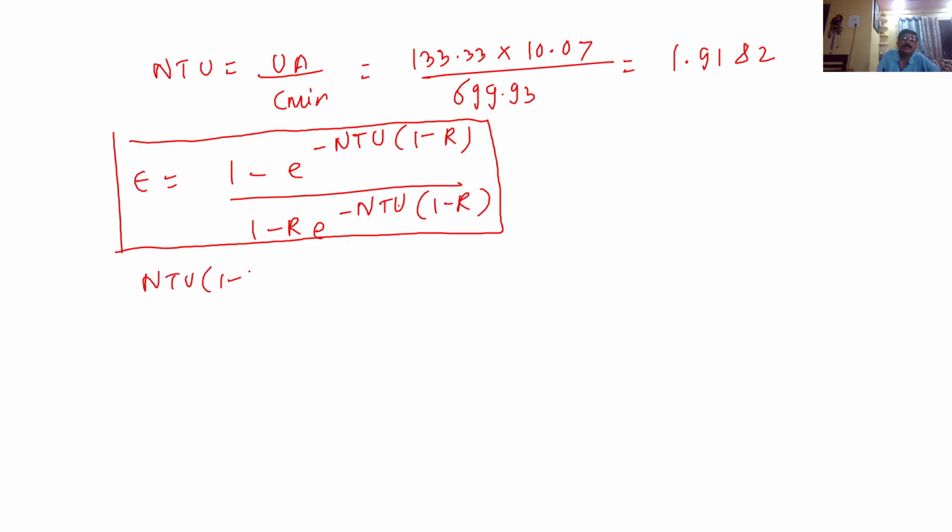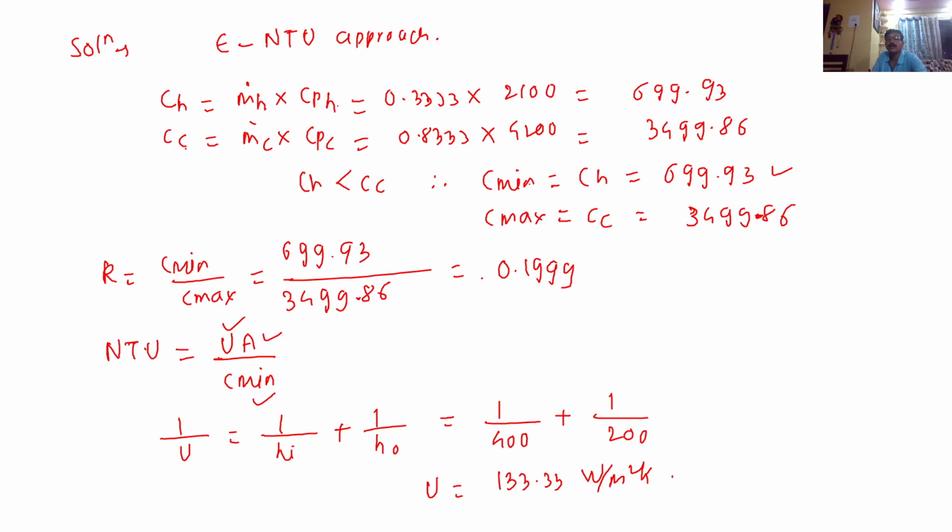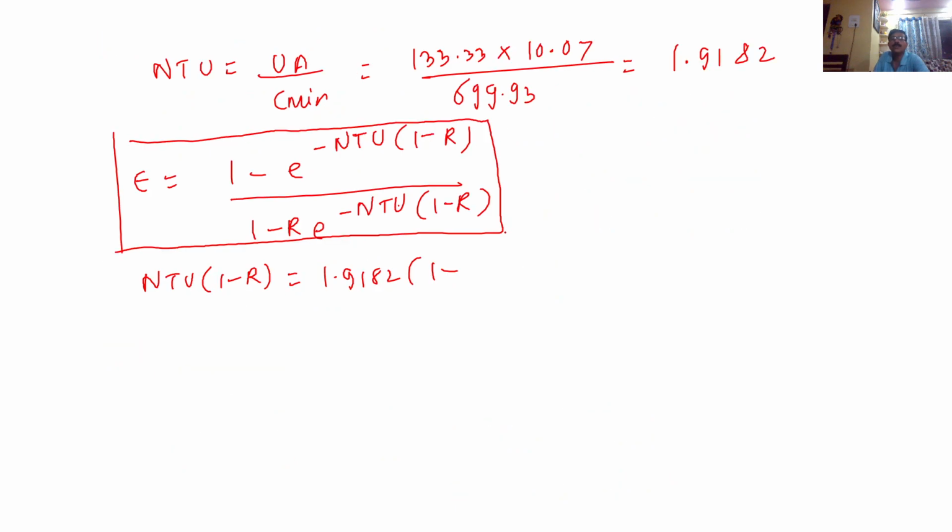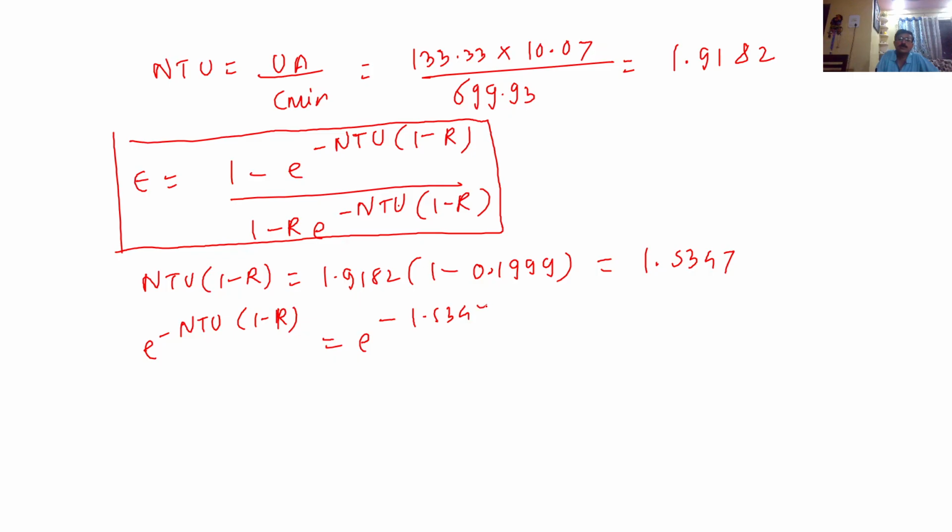NTU (1 minus R), this value I will calculate first. What is NTU? 1.9182. 1 minus R value is 0.1999. If I solve it, it comes as 1.5347. Okay, e raised to minus NTU (1 minus R): e raised to minus 1.5347, my answer is coming as 0.2155.